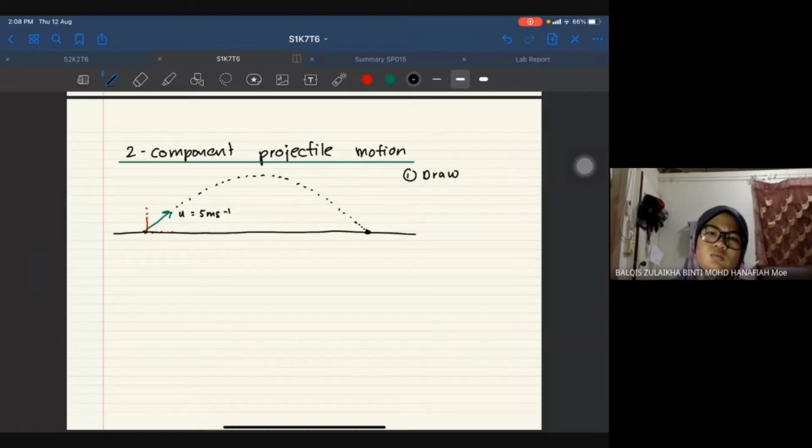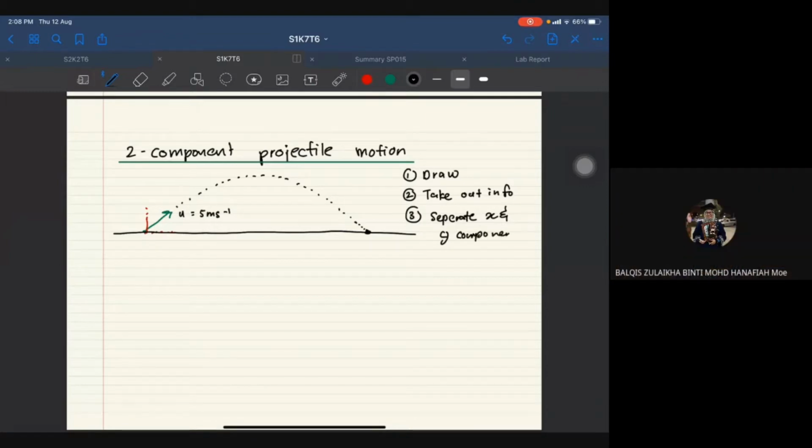Number two, you have to take out the information as usual. Number three, you have to separate x and y. And then number four, you can substitute into the equations, and then you can solve.